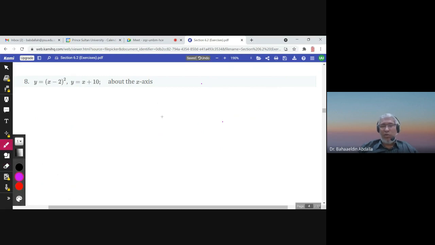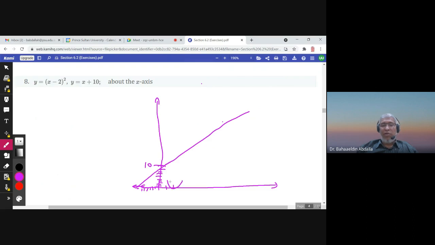So I'll do it here. Now 1, 2, 3, 4, 5, 6, 7, 8, 9, 10. This is 10. So that's the line. And now the parabola is going like this, and they will intersect somewhere. So let us find the intersection points.